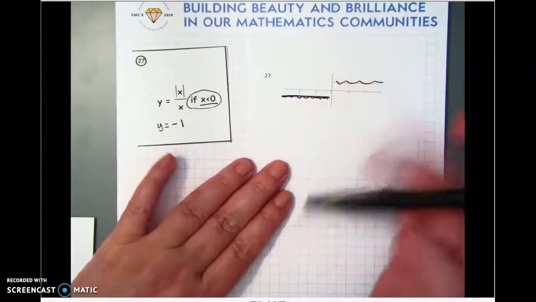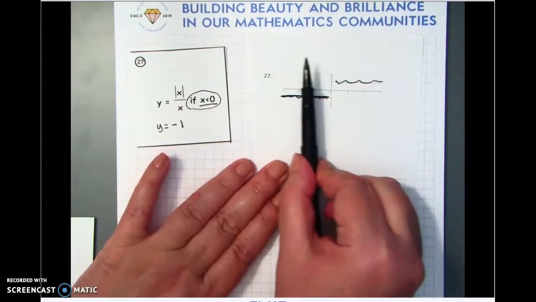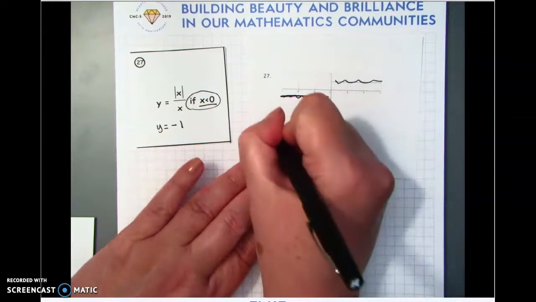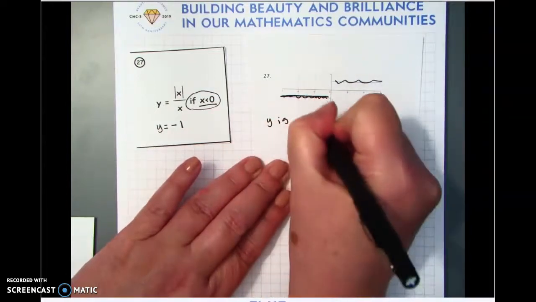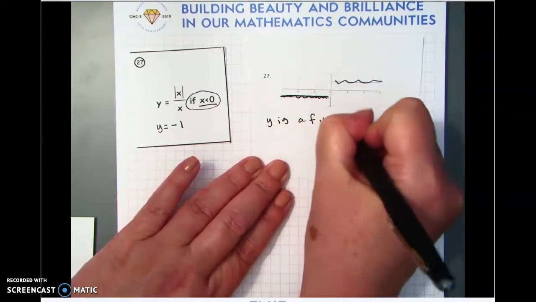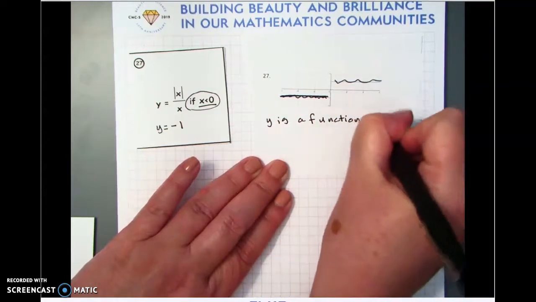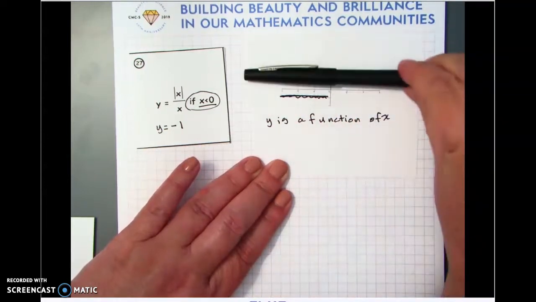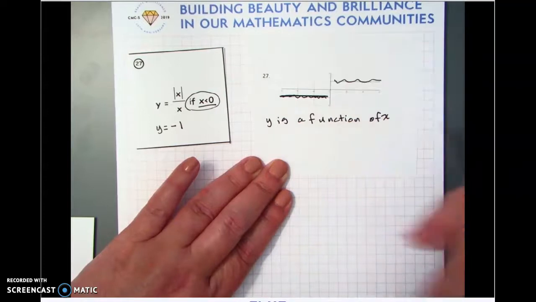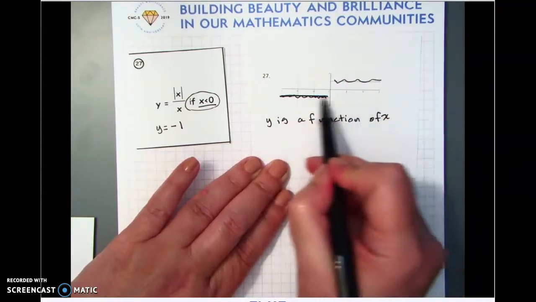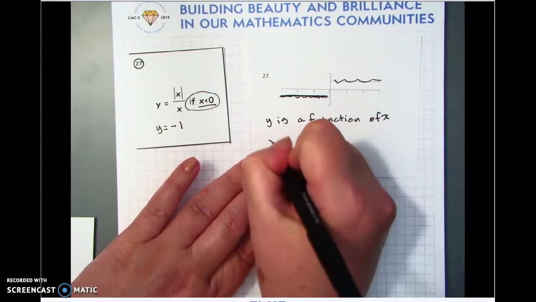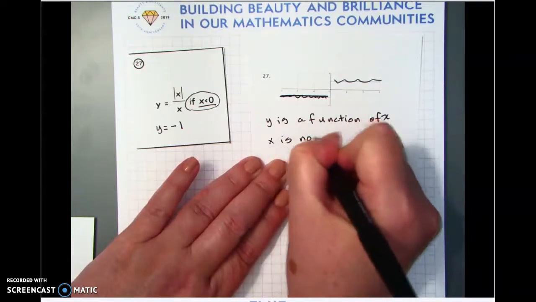In this case, do you see that we do pass the vertical line test? So we can say y is a function of x. But if we did the horizontal line test, do you see that we have infinitely many points where y is equal to -1? So x is not a function of y.